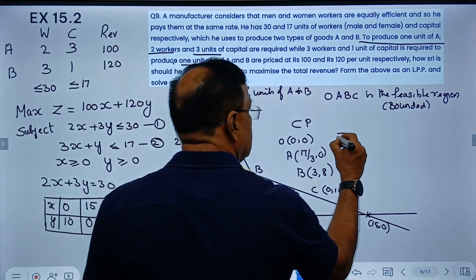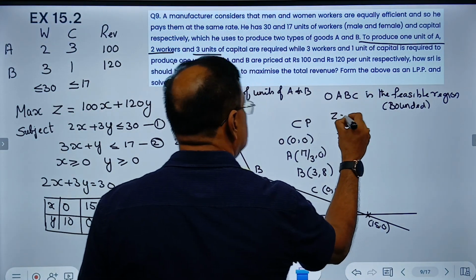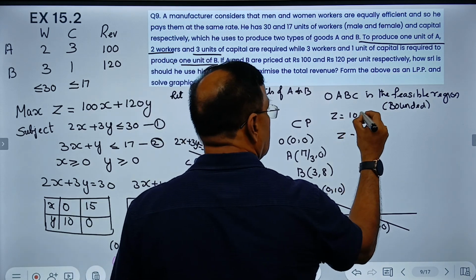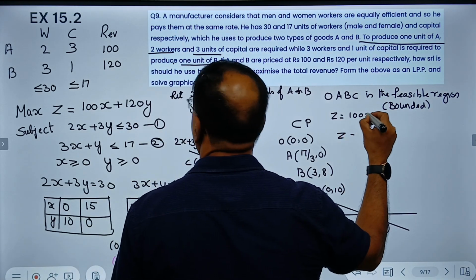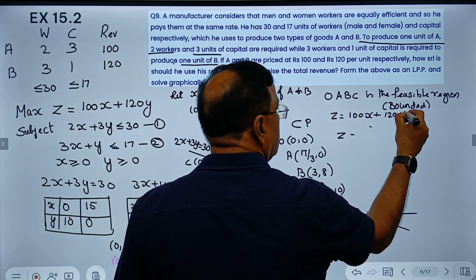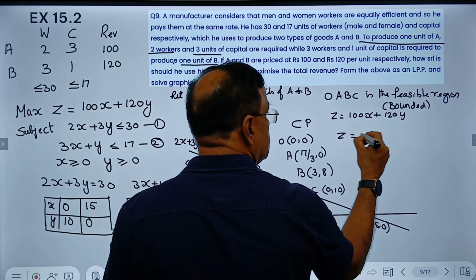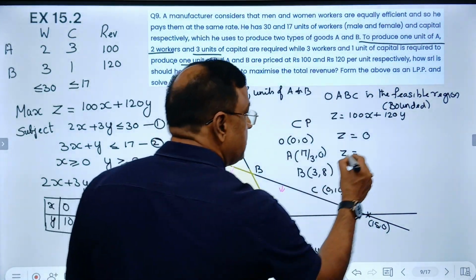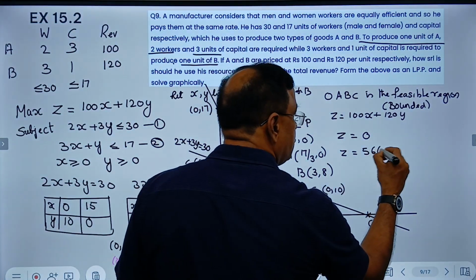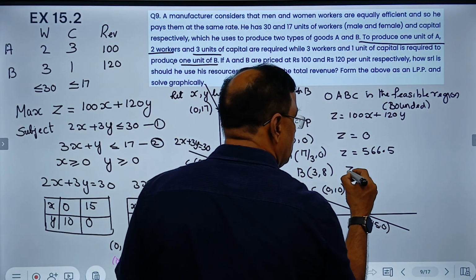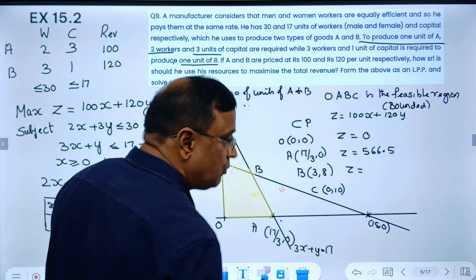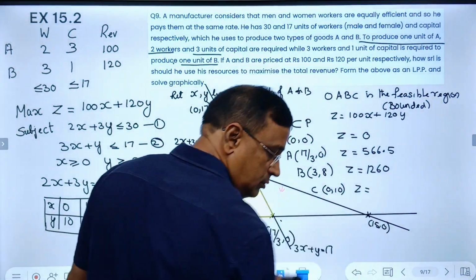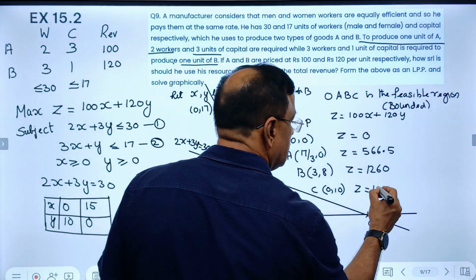Now take Z. What is my Z function? My Z function is here 100x plus 120y. Now substitute, you get Z is 0. You get Z equal to, when you calculate, I think I'm getting 566.5, which you can do. I don't want to waste my time. And here I get 1260. And here I get Z equal to 1200.